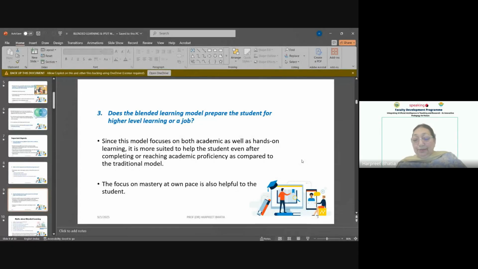I remember when I was a student, there was a meme which said, I know how to do calculus, but I don't know how to go and open a bank account. So although you may know a lot of academic information, practical information was lacking, which is what is being taken care of in the present situation.